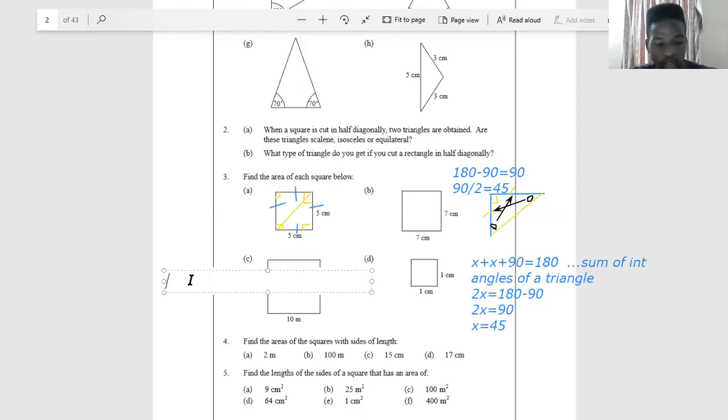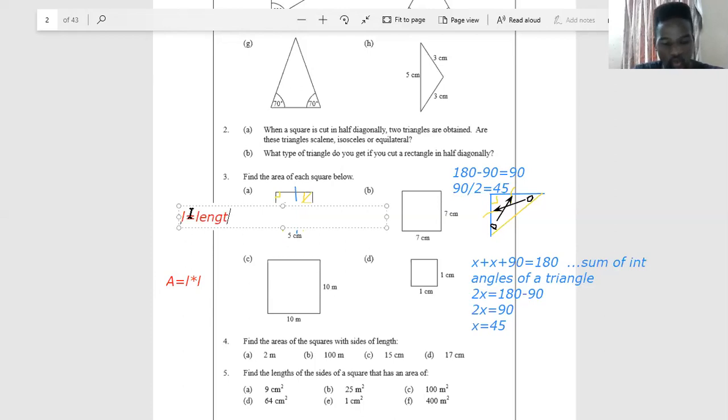these squares, the area for a square is equal to L multiplied by L, or we can say L squared. What is L? L is length. L represents your length.